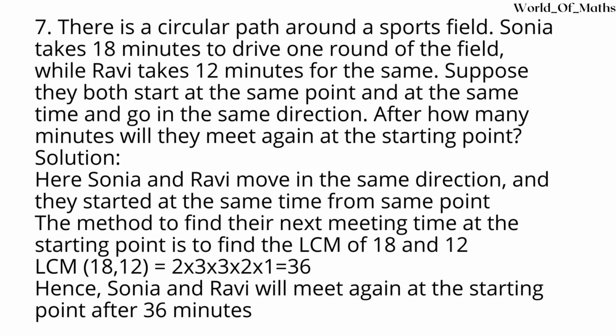Let me explain this once again. Sonia takes 18 minutes to drive one round of the field, so Sonia's second round will finish in 36 minutes. But Ravi is only taking 12 minutes for the same round of the same field.